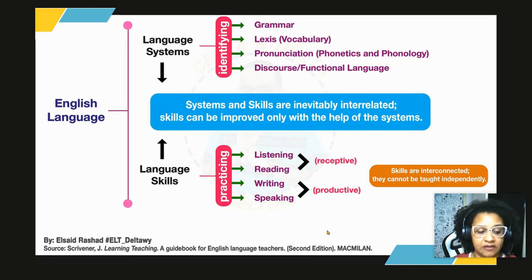Yes? So, it's important to say that when we learn a language, the first thing we do is listen to it. And then we start speaking it, and then we learn how to read it at school, and then finally we learn how to write.